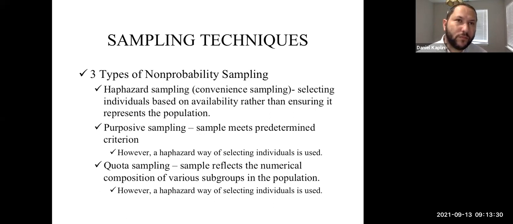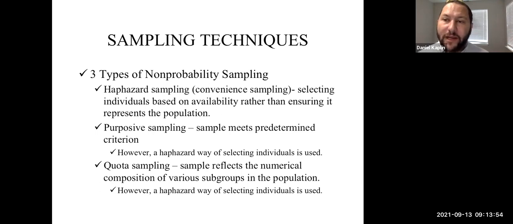Now, you may recall in the previous slides, we talked about stratified random sampling. Stratified random sampling, you try and match your sample with the proportion of the population. Well, quota sampling, you do the same thing. So in terms of approach, it's the same.